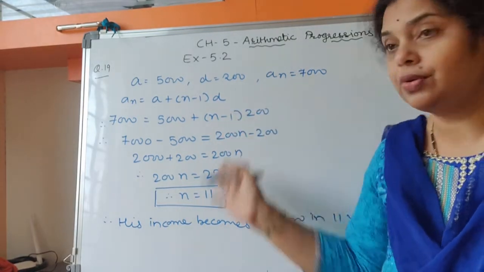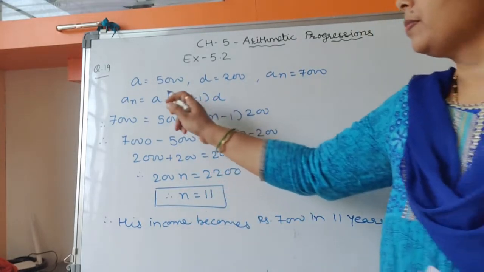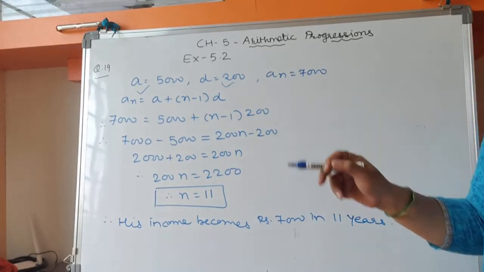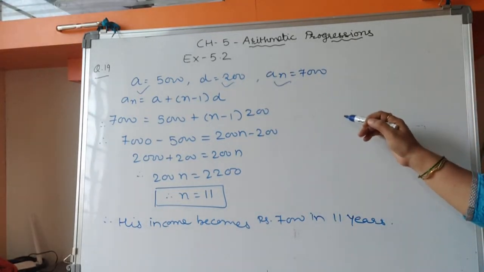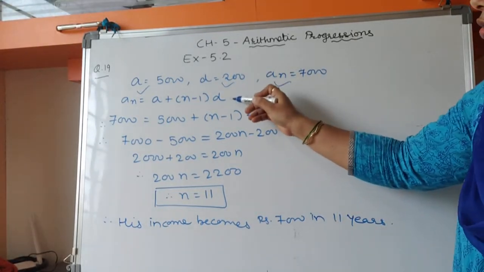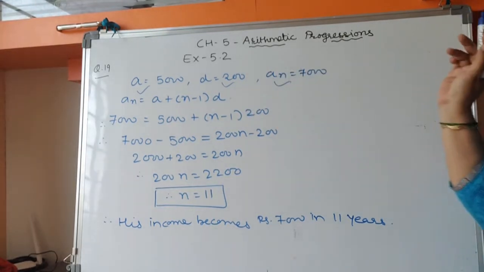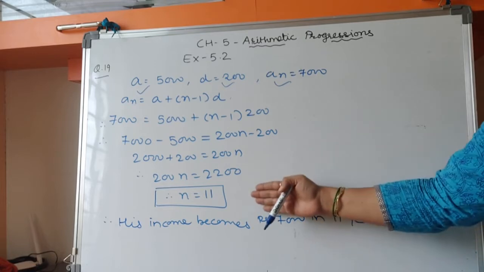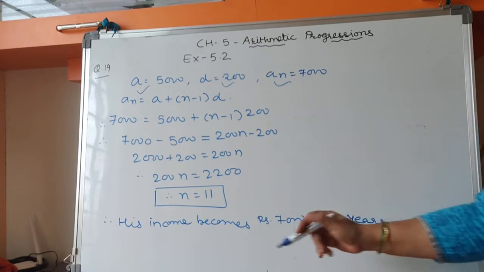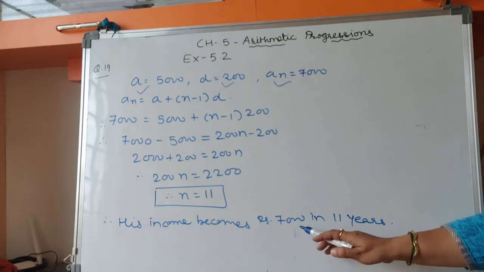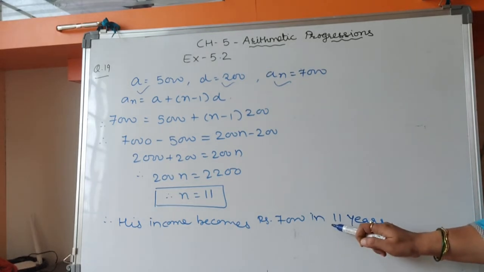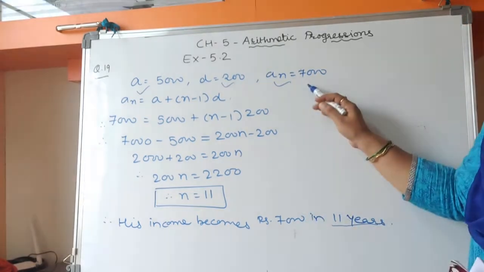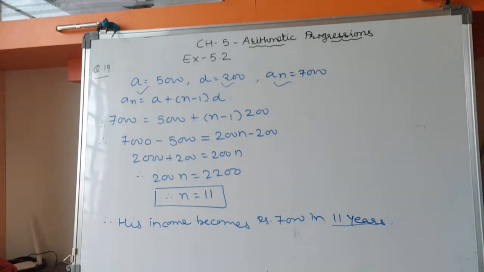Now in this way we can solve it. So here A is equal to 5,000, D is equal to 200 and the last term is equal to 7,000. Again just use the formula an is equal to a plus n minus 1 d and substitute the values. You will get n is equal to 11. It means his income became rupees 7,000 in 11 years.